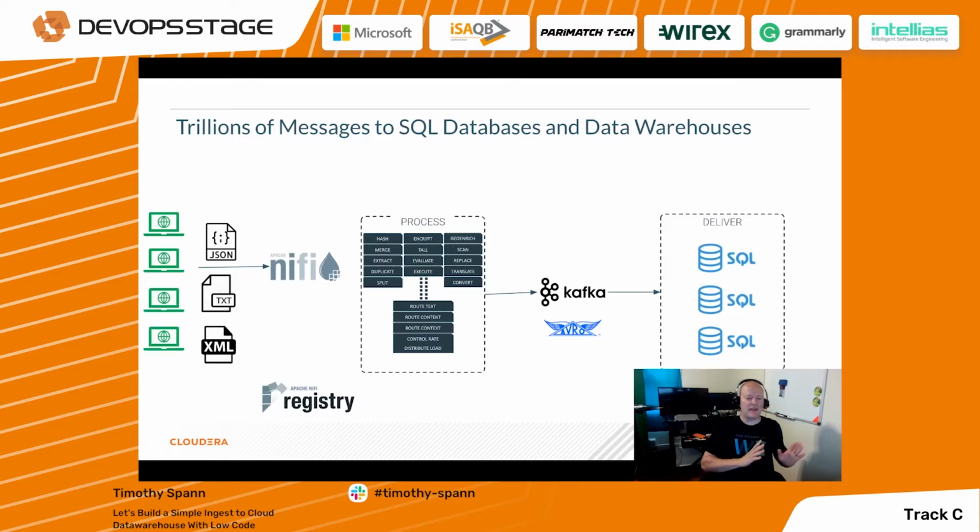Often, as part of that, I'll take whatever format that is, whether it's JSON or CSV or text, XML, clean it up, normalize it with a schema, push that into Kafka as Avro, and then I could deliver it to another cloud data warehouse, such as Cloudera's, such as open source tools out there, or even just store it in an S3 bucket as a Parquet file, and I could query it with any number of tools later.